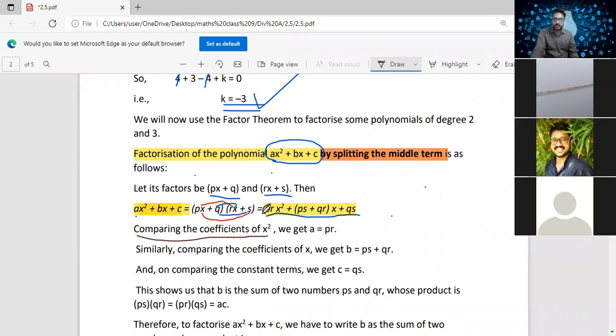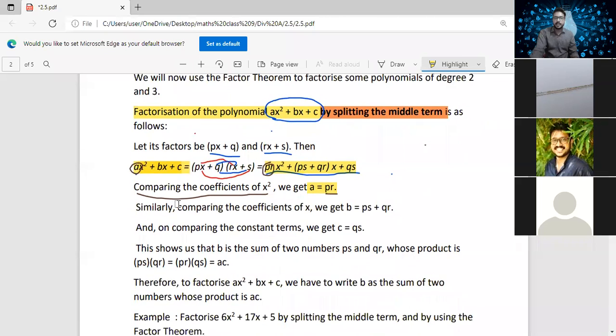The coefficient of x squared in this equation is pr. Similarly, the coefficient of x squared here is a. So we are writing a is equal to pr. Similarly, we are taking the coefficient of x also. Clear? The coefficient of x will be b is equal to ps plus qr.